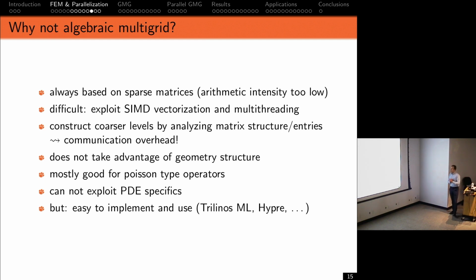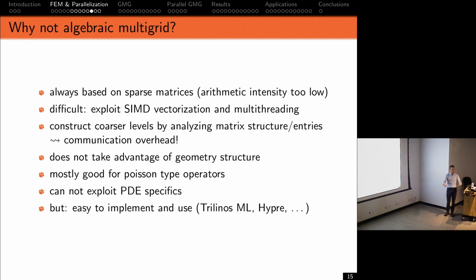I think the biggest problem of algebraic multigrid is that you have to reconstruct coarser levels by looking at the matrix structure, and you have to do a lot of communication and you have a lot of setup cost because of that. I'll talk a little bit more about how multigrid exactly works in a minute. And it also doesn't take advantage of the geometric information that I have, right?